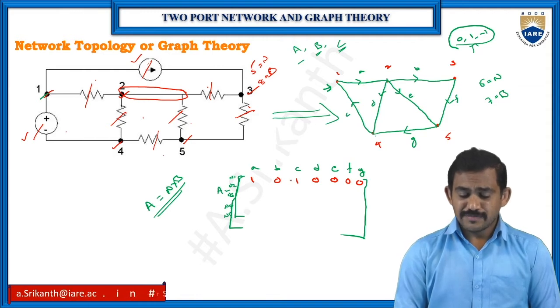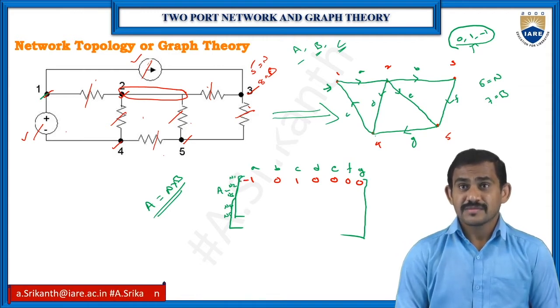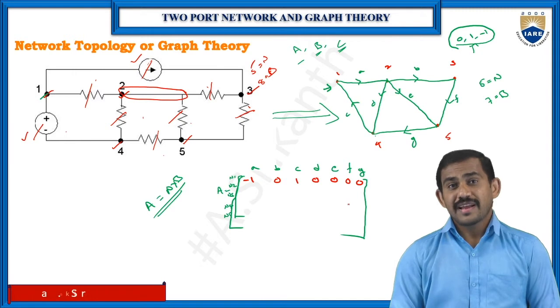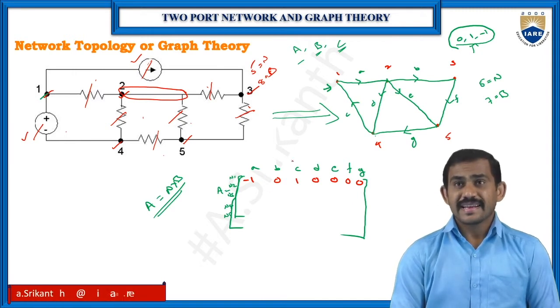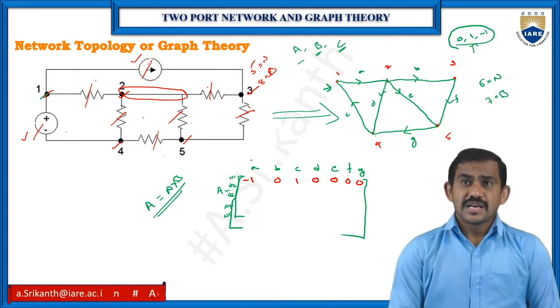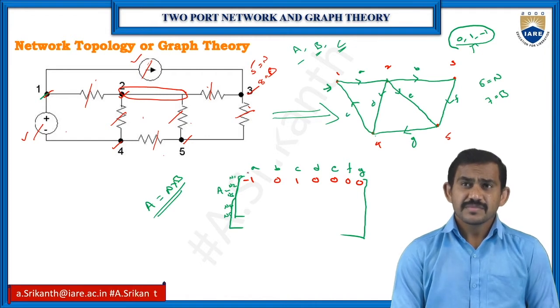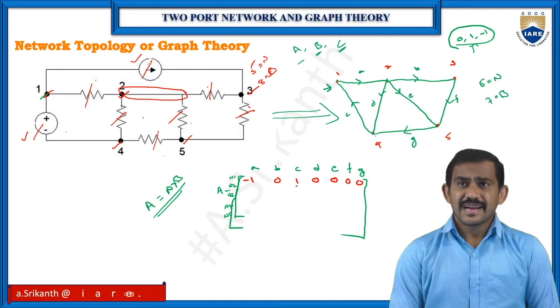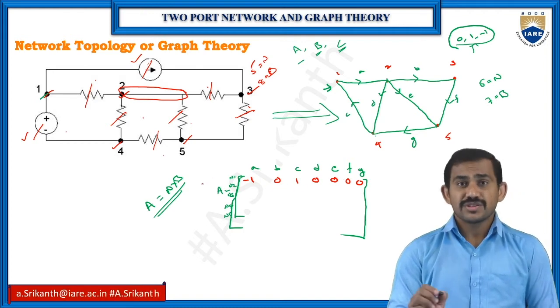So C is plus 1 and A is minus 1. This is the node 1 value. The remaining branches are not connected to that node, so we have the 0 value.